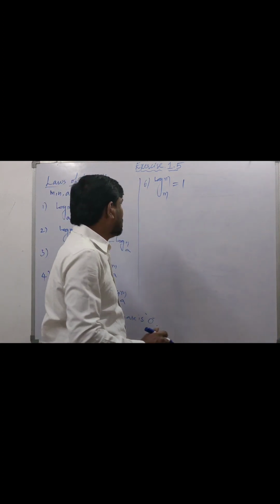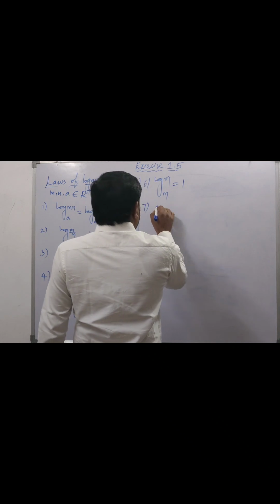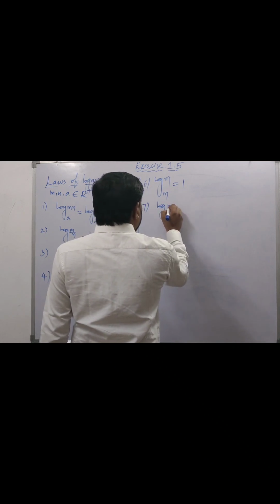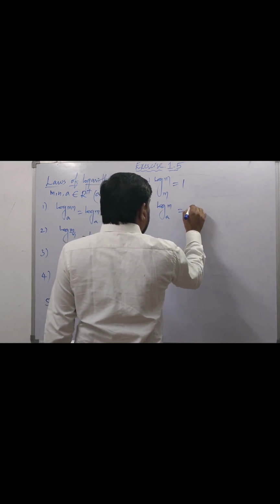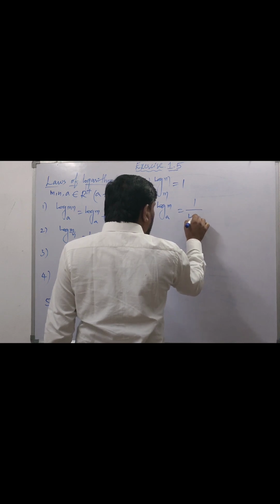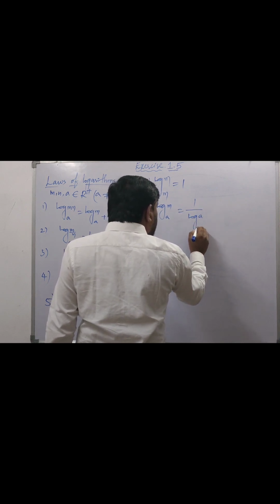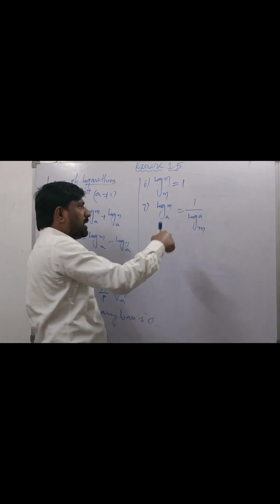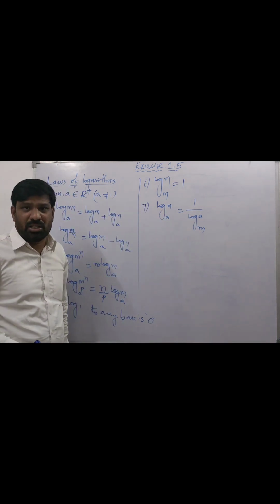Clear? Next, logarithm of m to the base a can be written as 1 by logarithm of a to the base m. Whenever you are writing in the denominator, that will be interchanged.